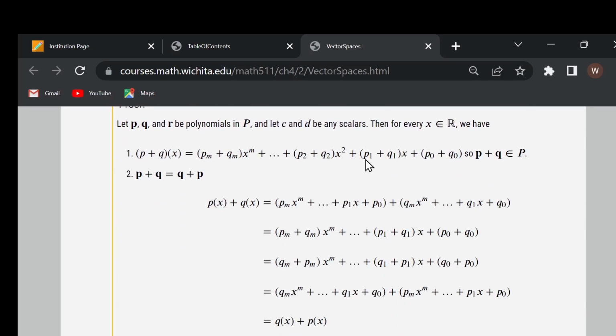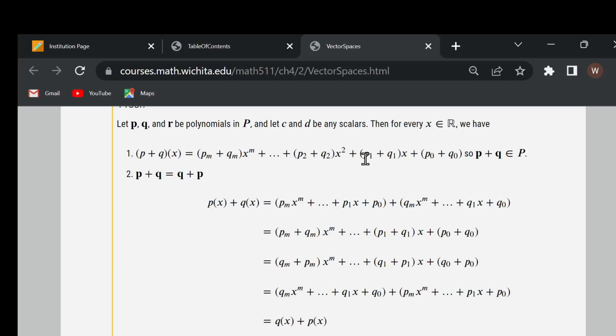But for example, here's a proof that vector addition of polynomials in the vector space P is commutative. And notice that as vectors, they are in bold. But when I prove the theorem, just like the scalar is the same lowercase letter with a subscript, we use the lowercase p for vector p, for little polynomial p of x with coefficients p naught to p m.